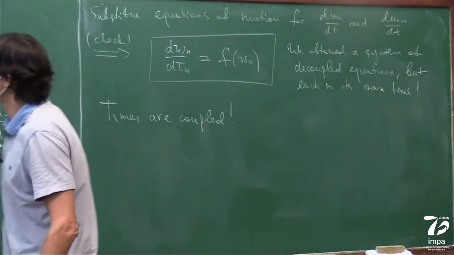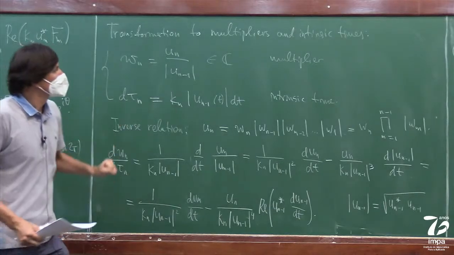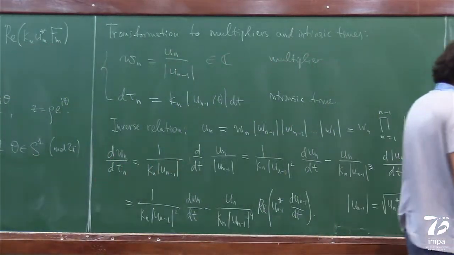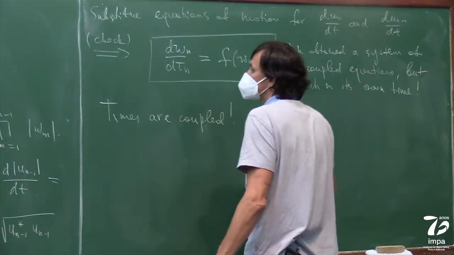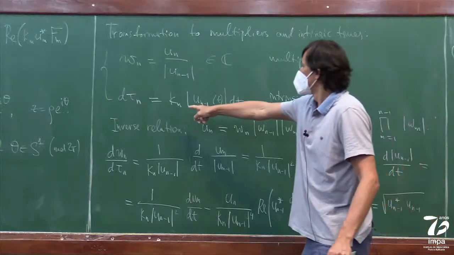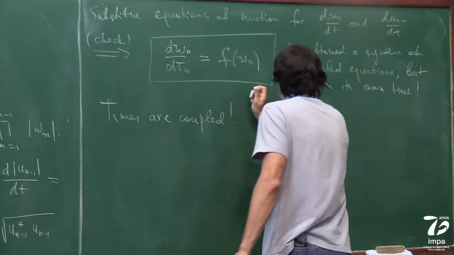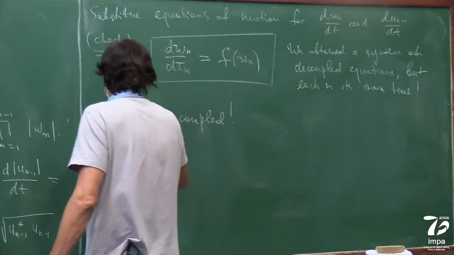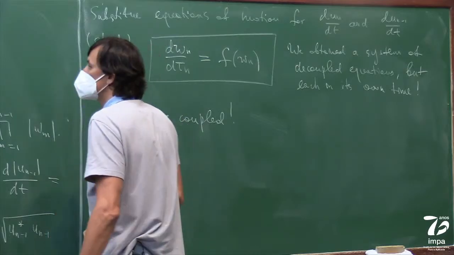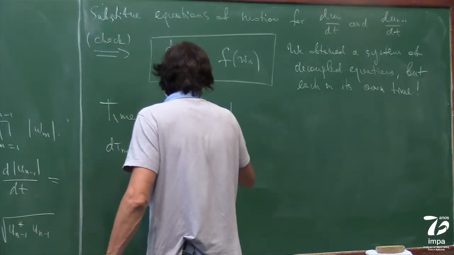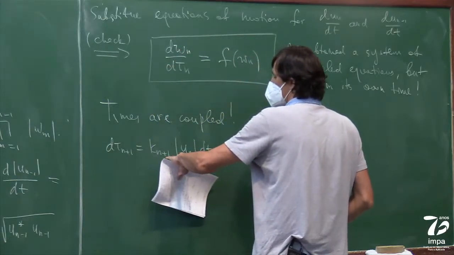So why are the times coupled? Because if you take this equation, you can see that d tau n plus 1 will be k n plus 1 times modulus un dt. So let's show that the times are coupled.